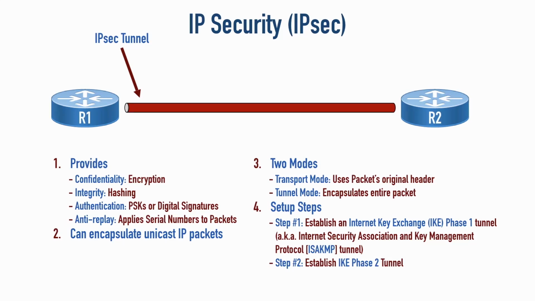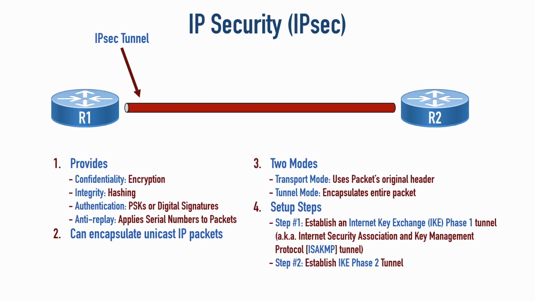Well, that's essentially what an IPsec tunnel is. It's like we're lowering the cone of silence so that these two routers can talk securely. What are they talking about? Well, they're talking about the parameters that they're going to use to set up the actual IPsec tunnel, which is also known as the IPsec Phase 2 tunnel.